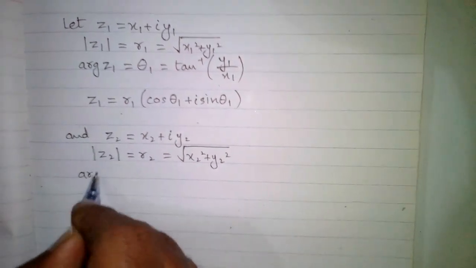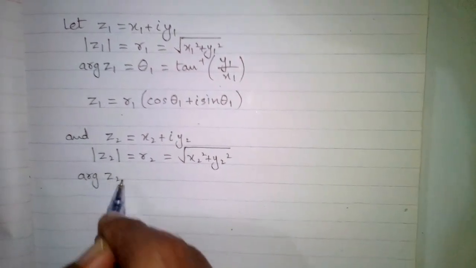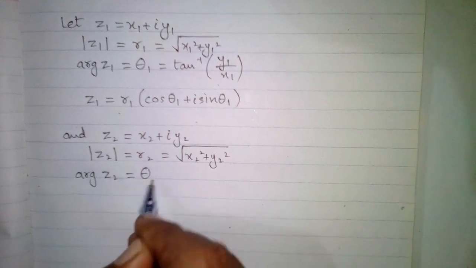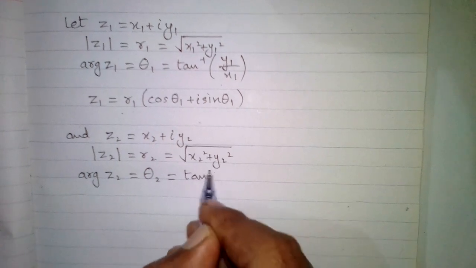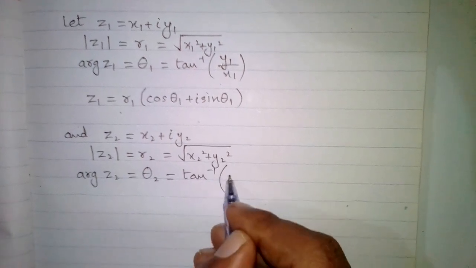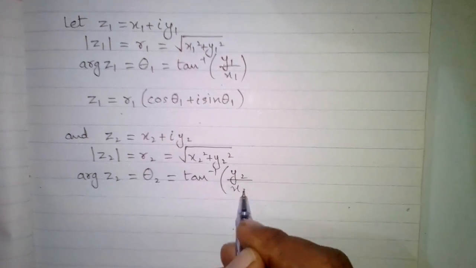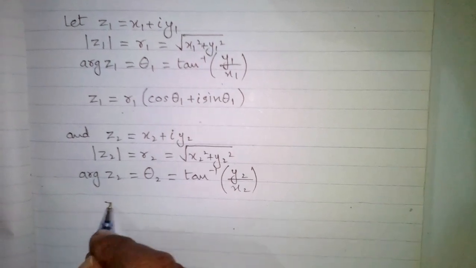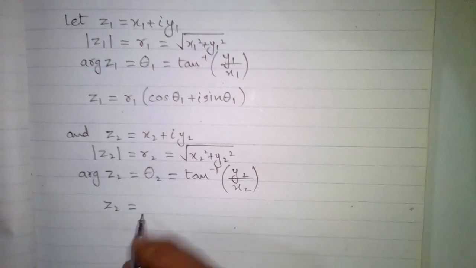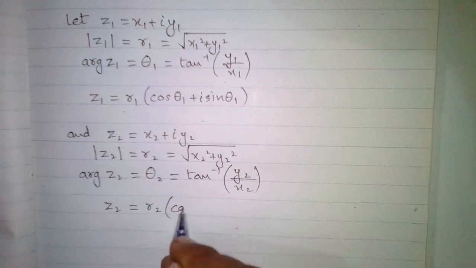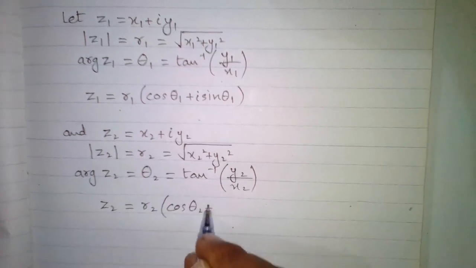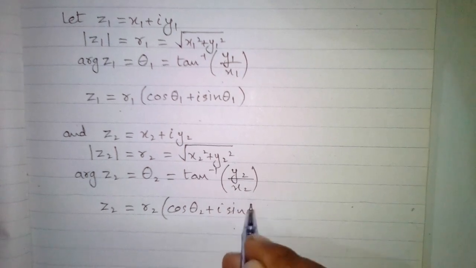And then argument of z2 which is the angle is equal to theta 2, and this will be equal to tangent inverse of y2 upon x2. And the complex number z2 can be expressed in polar form as r2 times cos of theta 2 plus iota sine of theta 2.